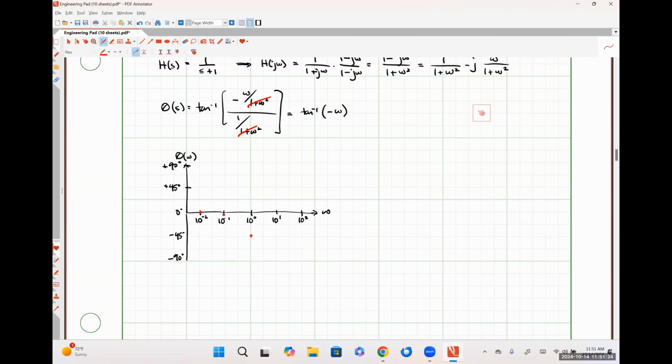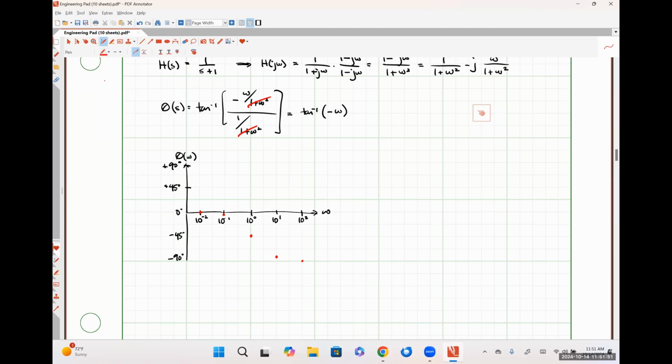Inverse tangent of 10 is 84. So that's going to be about right here. Inverse tangent of 100 is 89 and some change. So it's damn near negative 90. And as we keep going on and on, it's just going to get closer and closer to 90 degrees.